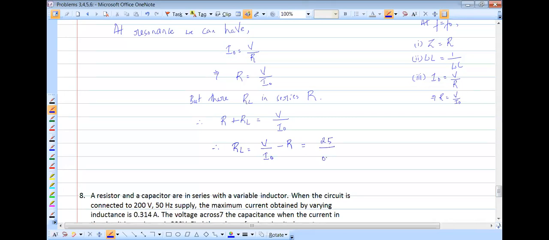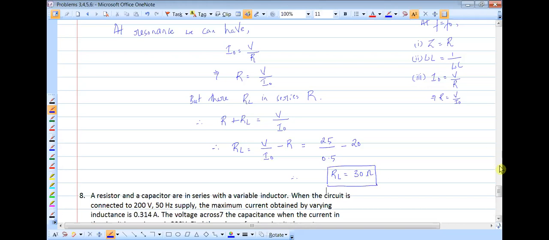I naught is given to be 0.5 amperes, the maximum current or current at resonance, minus R. R is given as 20 ohms. So we have RL equal to 30 ohms. Fine, this is how things go.